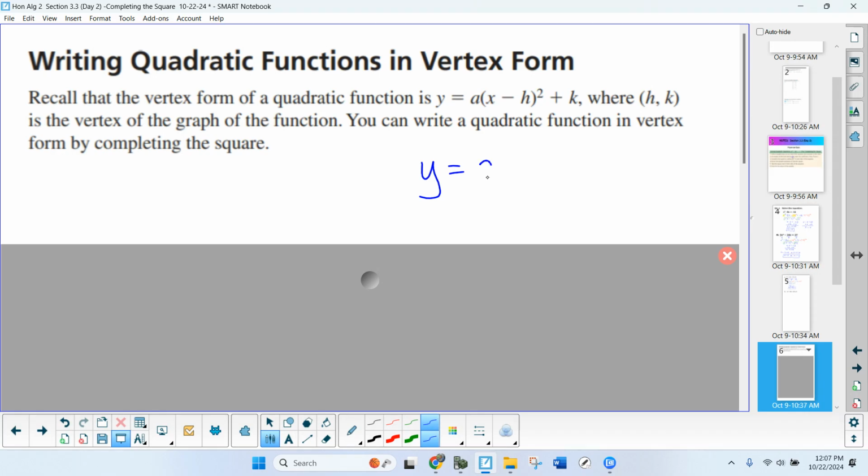For example, if I give you this equation, this graph is vertically stretched by 2, which doesn't change our vertex, shifted which way? Right 4 and up 3. So what's the vertex? 4, 3.